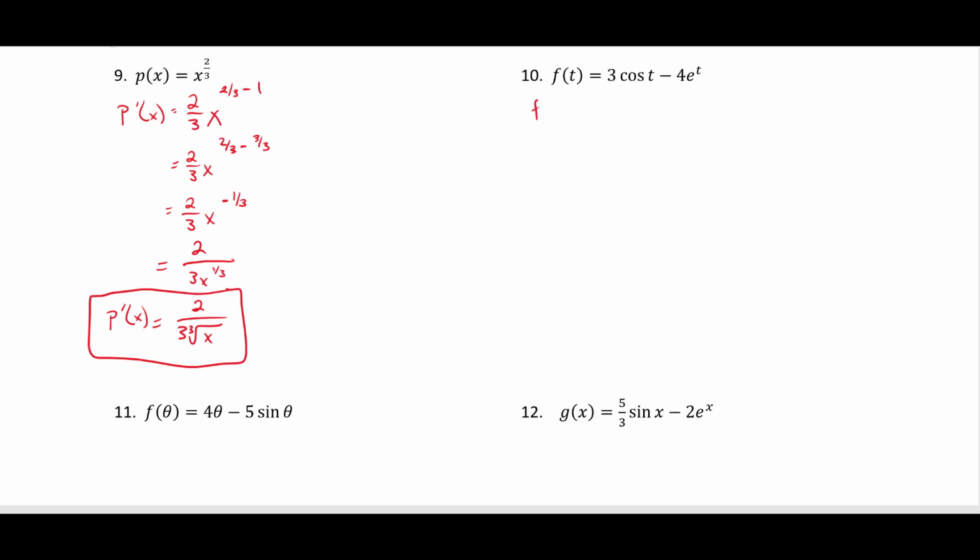So if we think about it, so f prime of t, let's take it one step at a time. So that's going to be the derivative with respect to t of 3 cosine t minus the derivative with respect to t of 4e to the t. So that's using our difference rule.